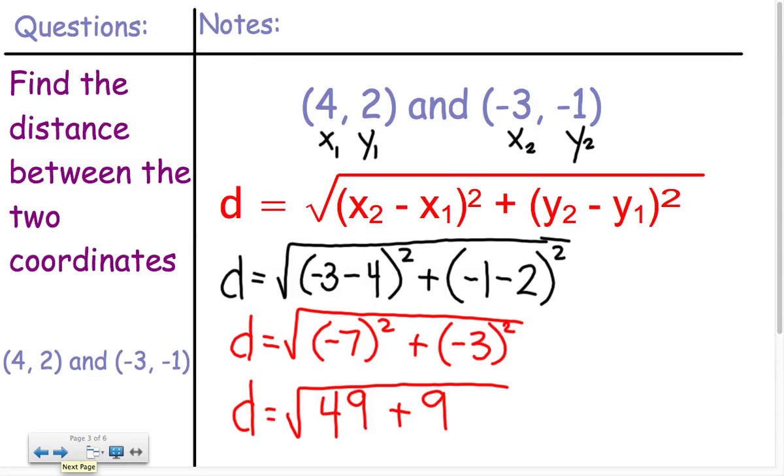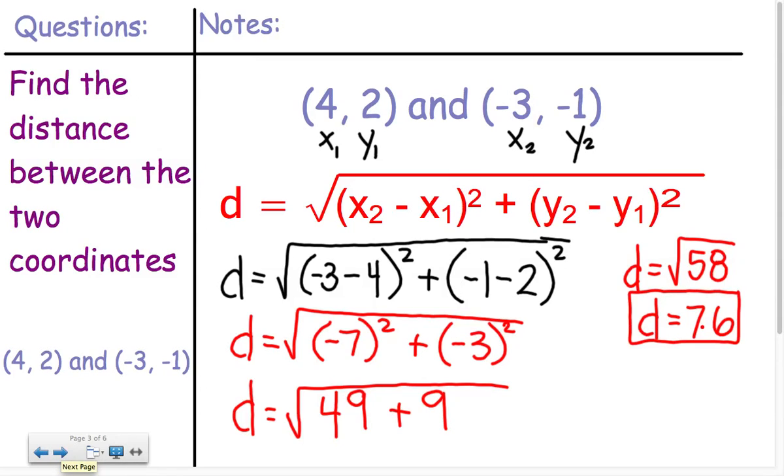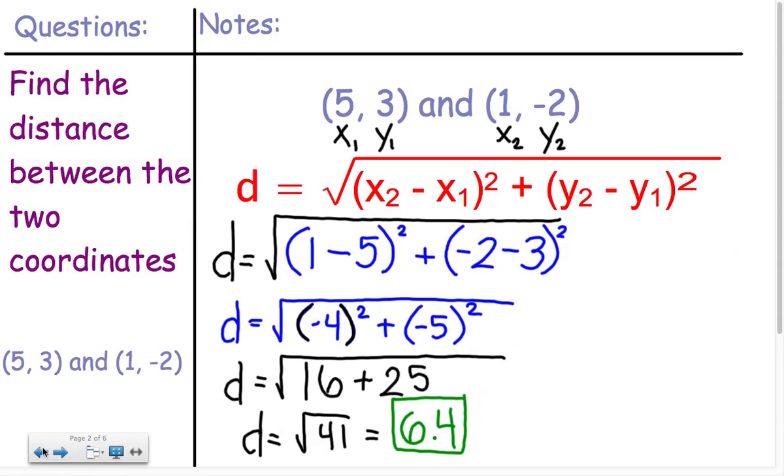So the square root of 49 and 9 make 58, which if I turn that into a decimal, I get 7.6. And again, remember what this means is that the distance between those two coordinate points on a coordinate grid would be 7.6 units. The last one, it means the distance between those two coordinate points was 6.4.